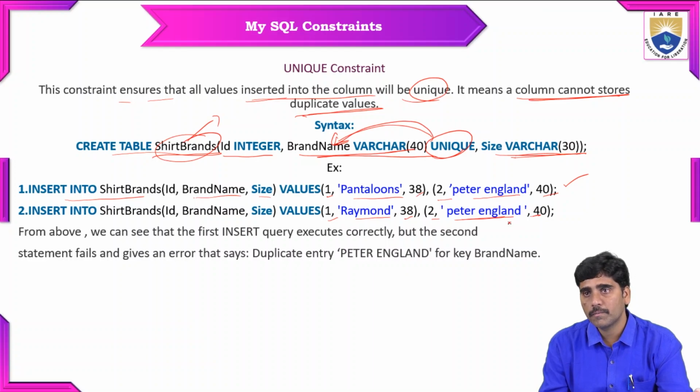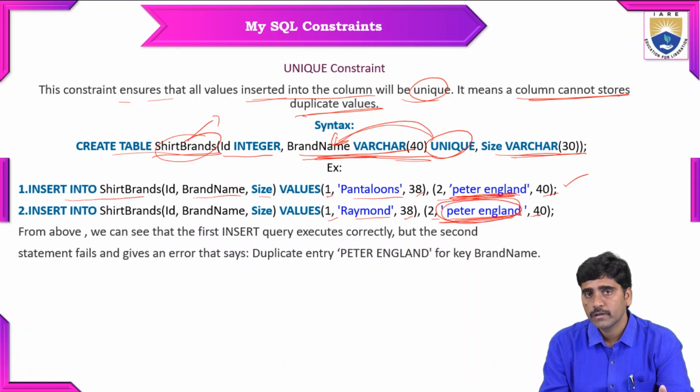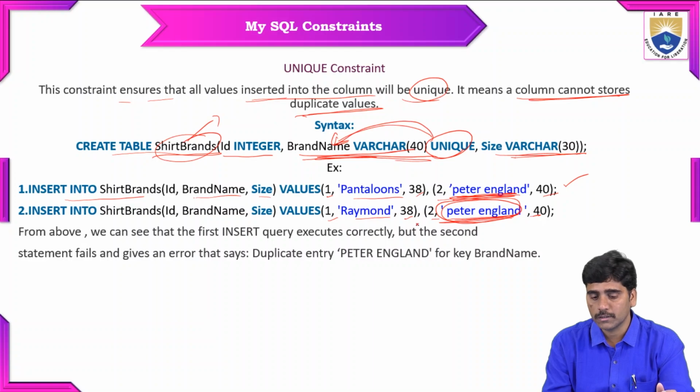I applied the constraint to this brand name column, so the brand name column should not contain duplicate values. Whenever I try to insert the duplicate value for the second time, it is not inserted, because it shows an error: duplicate entry Peter England for key brand name.